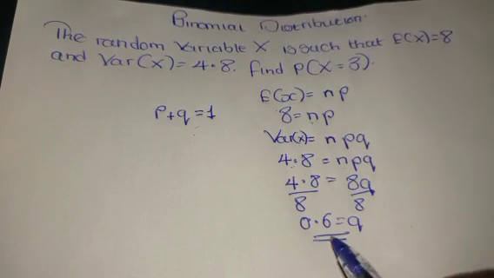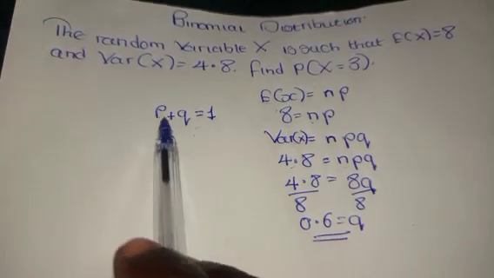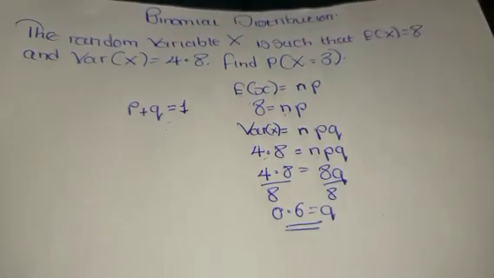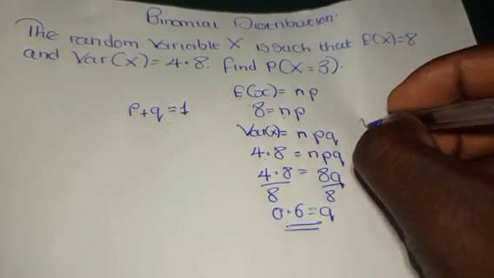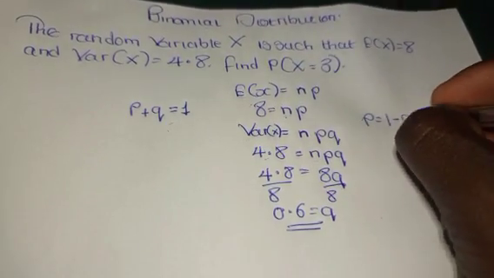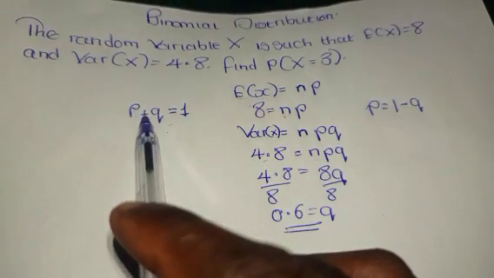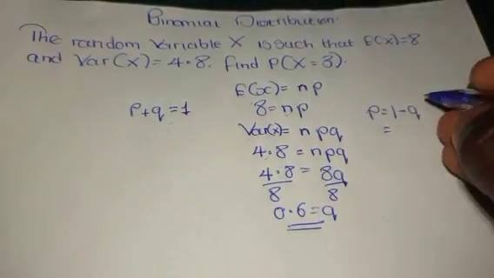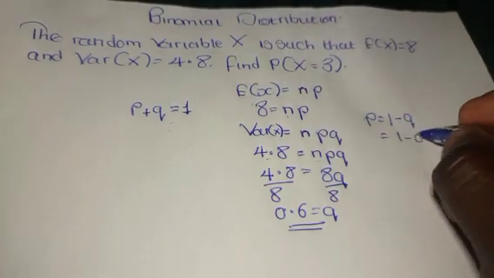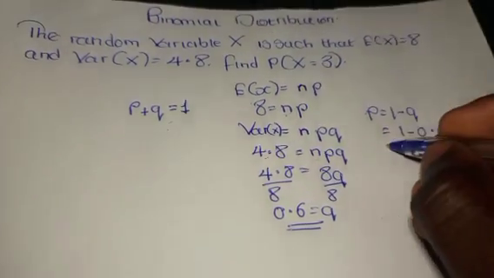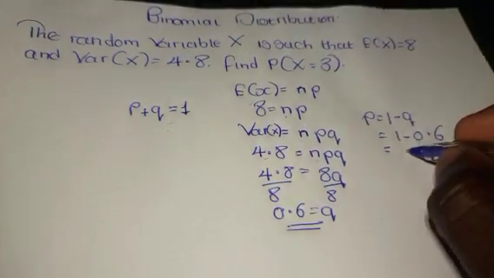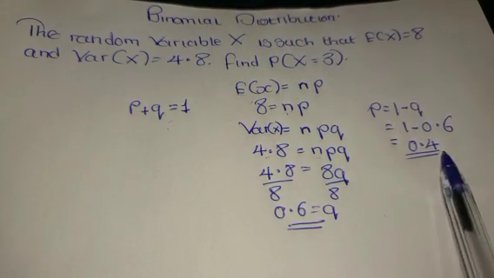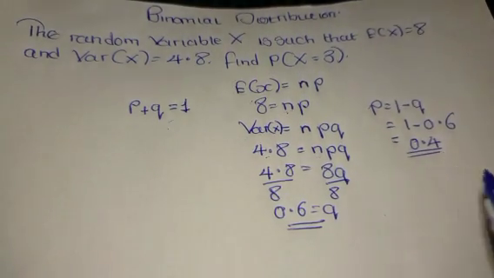If q is 0.6, to find the value of p, remember we have the expression p is equal to 1 minus q. Subtracting 1 minus 0.6, we get our answer to be 0.4.